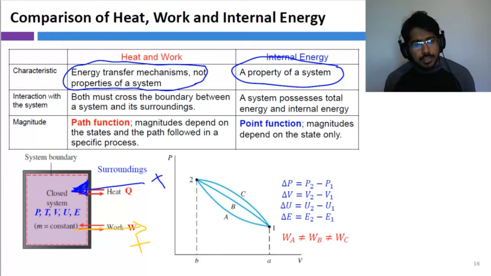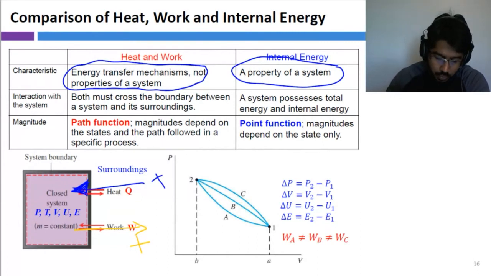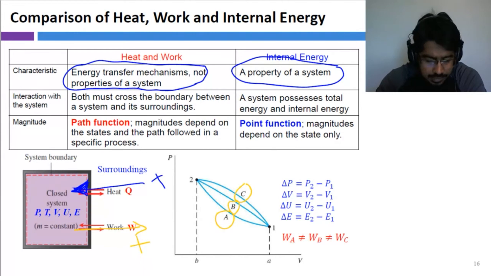Then if we talk about the magnitude, for heat and work, the path does matter, right? So for states, the path does not matter. From state 1 to 2, if we follow path A, B, and C, the internal energy at state 2, does it change depending on the path we took?